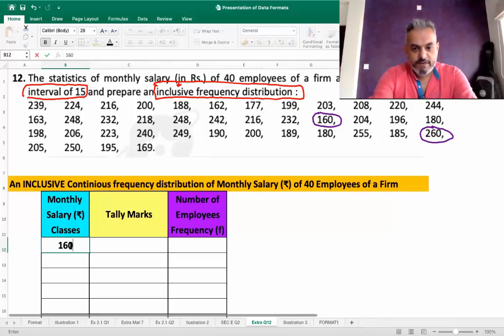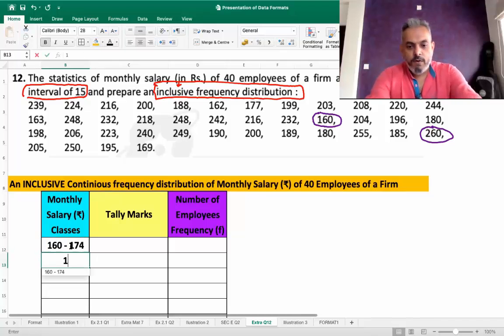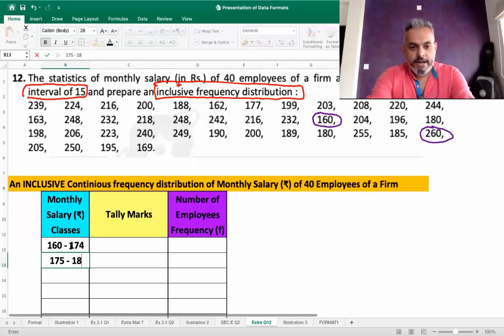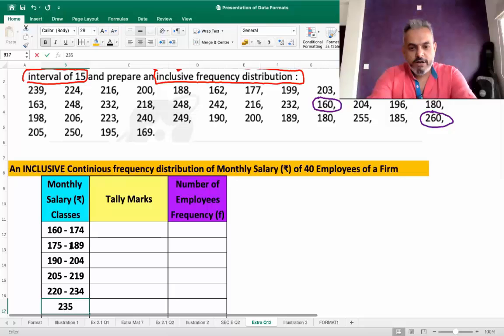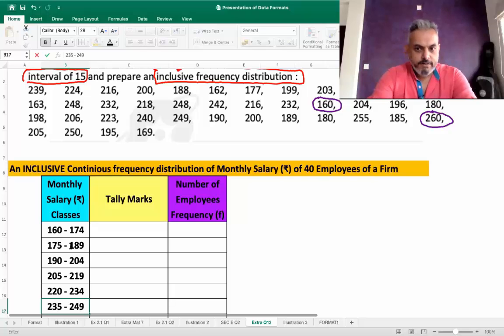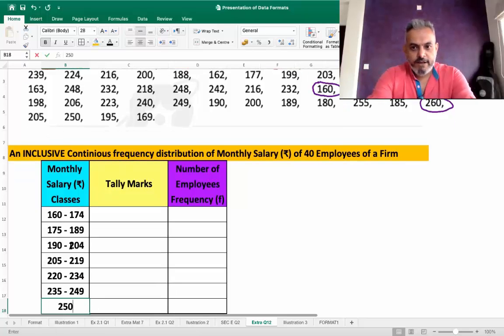So we can take 160 to 174, 175 to 189, 190 to 204, 205 to 219, 220 to 234, 235 to 249, 250 to 264.